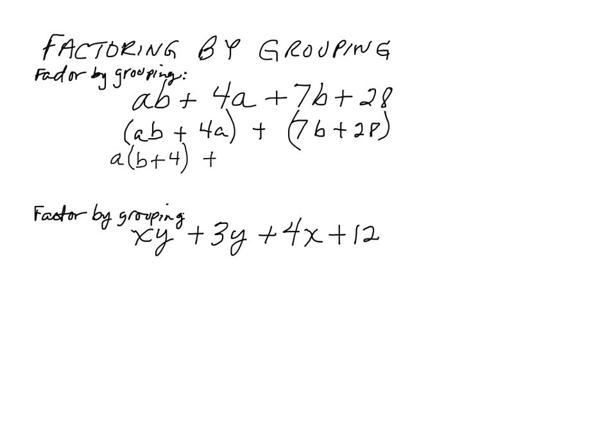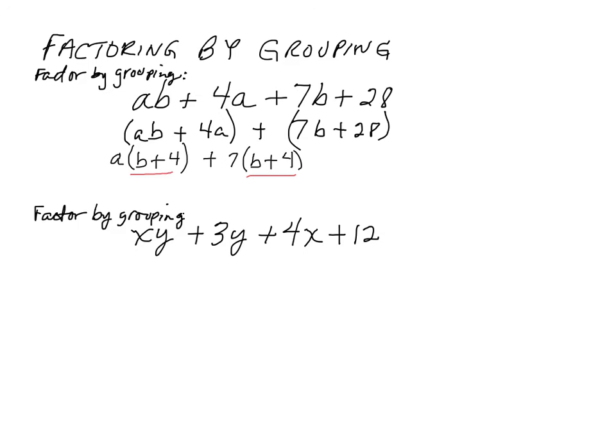Plus, now if I look at the second binomial and factor out a 7 that we say they have in common, what does that leave us inside? If we factor out the 7, we have a b plus 4. But notice now, they both have a b plus 4, which takes us right back to the problems we just did on the previous slide.